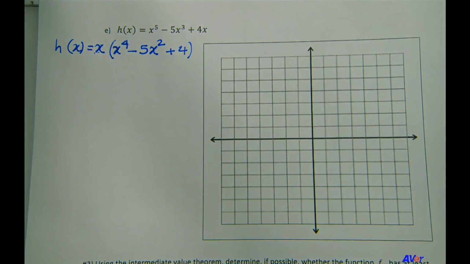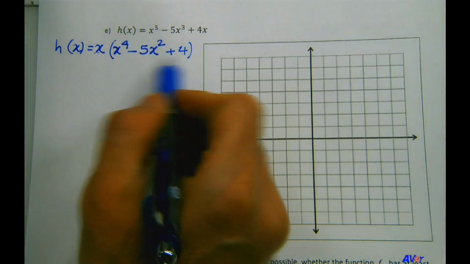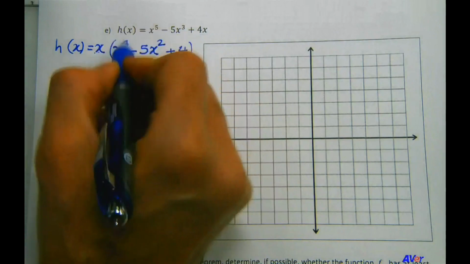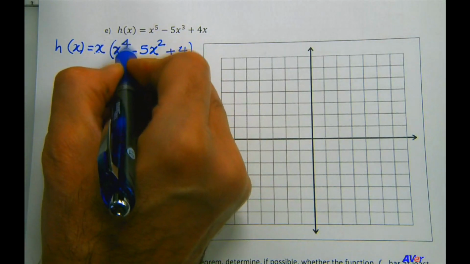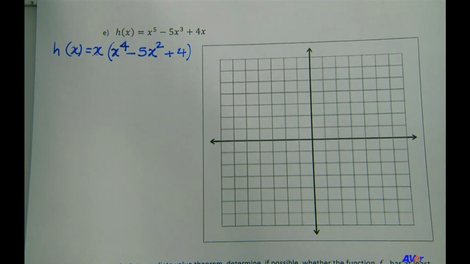Well, what about this expression? Do you remember any technique we've learned before that can help us factor this polynomial on the inside of the parentheses? Should I remind you? Do you remember the very useful U substitution method? Let's use it.